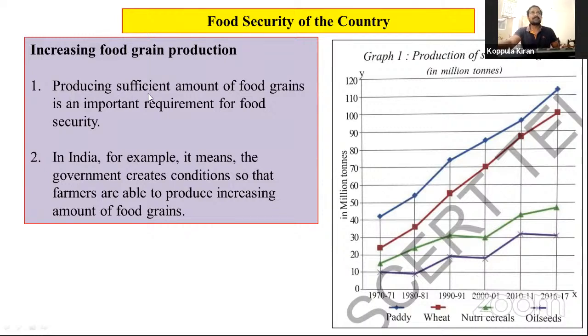Producing a sufficient amount of food grains is an important requirement for food security. It is very important.